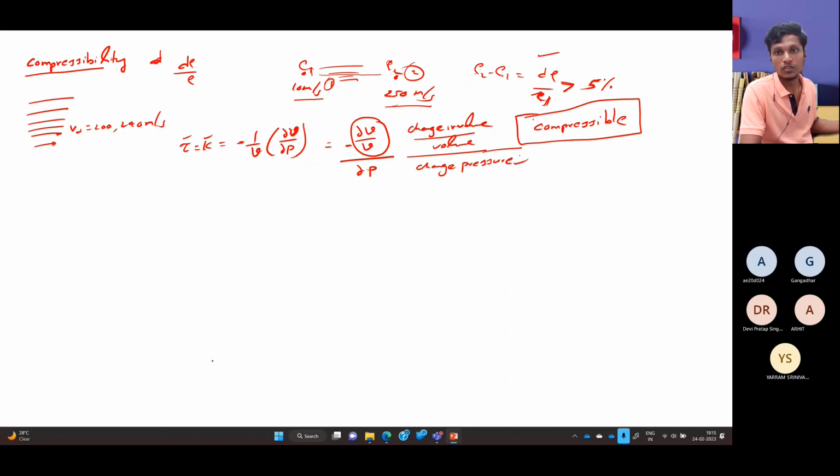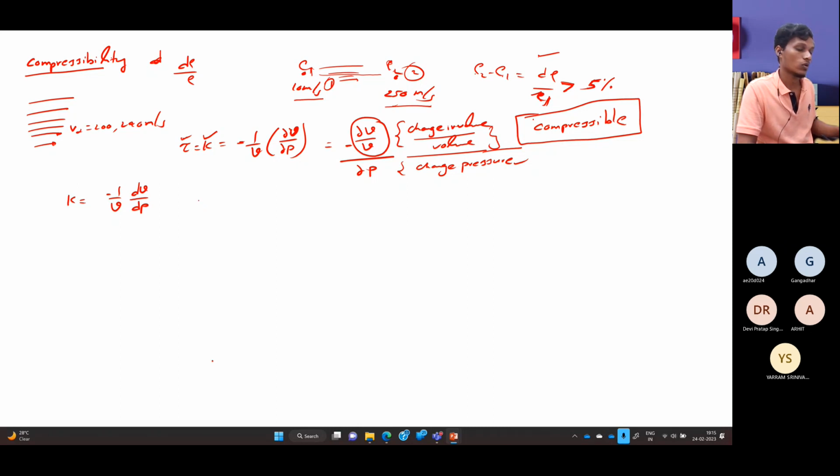For a unit change in pressure, the corresponding change in volume per unit volume is defined as the compressibility tau or k. It just needs some understanding of how this compressibility is defined. So with that, we got compressibility k equals minus 1 by specific volume v, dv by dp.